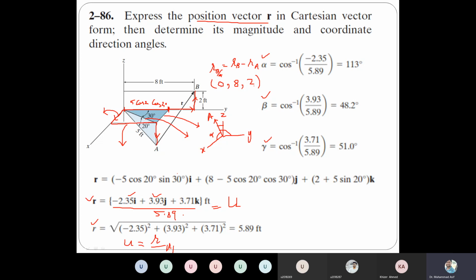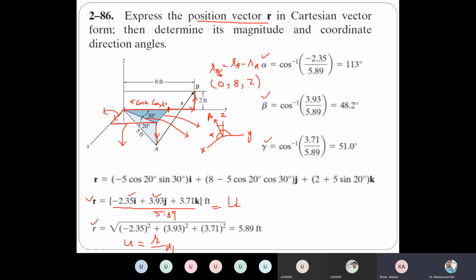So this will be our position unit vector. Then instead of a, you put the unit vector u here, and then you can specify the value of alpha. Alpha is 130. That means from here to where that unit vector lies, that angle will be 130. Similarly the beta and similarly the gamma.